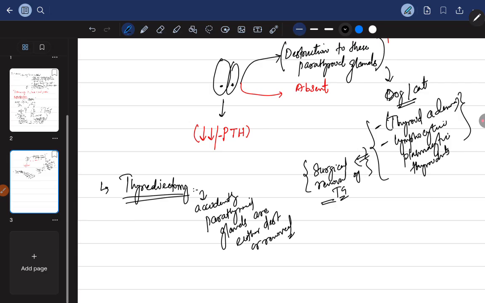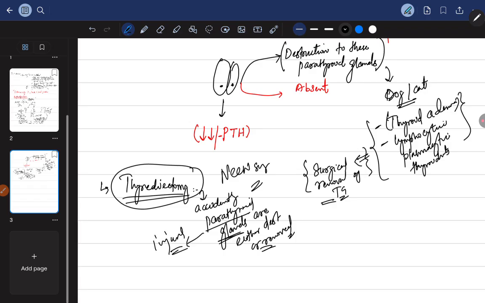This is what we call destruction. During the thyroidectomy or any sort of neck surgery, whenever the parathyroid glands are also severed or injured, there will be destruction of these parathyroid glands, and that leads to decreased or absent PTH.